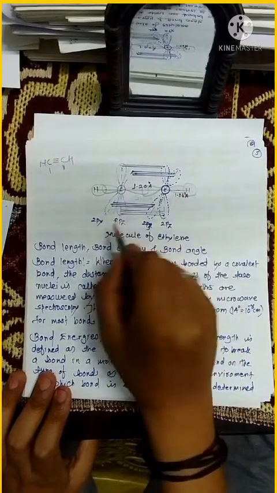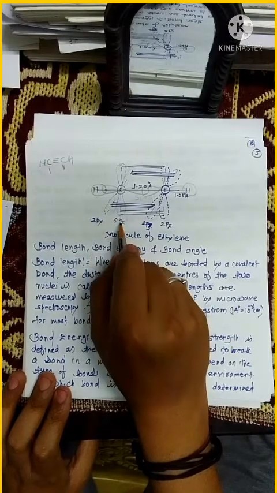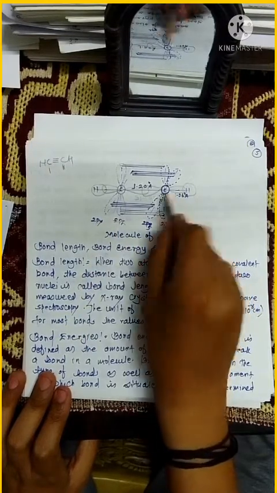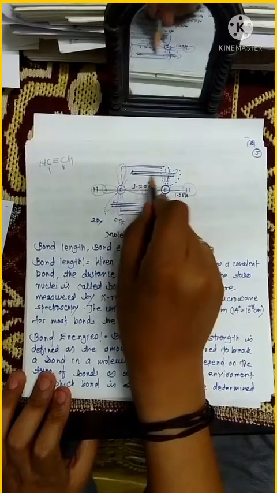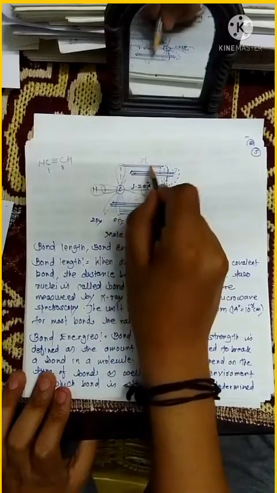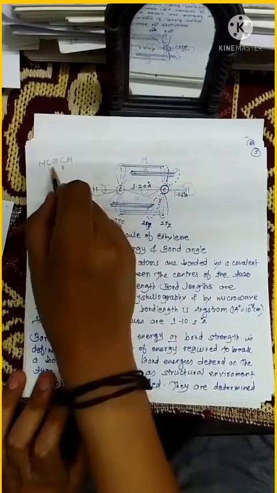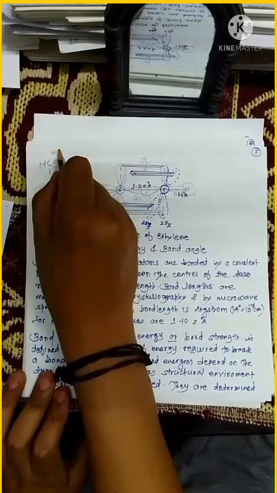Now there are two unhybridized orbitals, namely 2py and 2pz, on both the carbons. They overlap in a parallel manner and form pi bonds. That's why acetylene contains 1 sigma and 2 pi bonds.